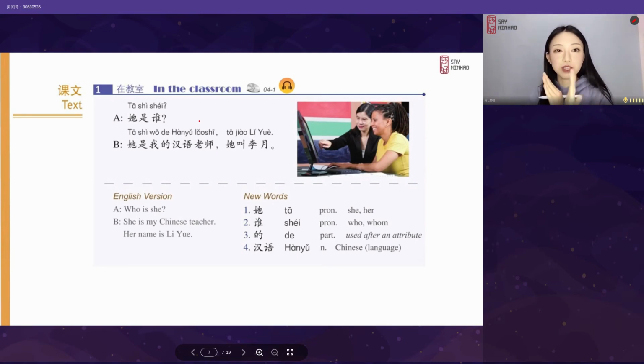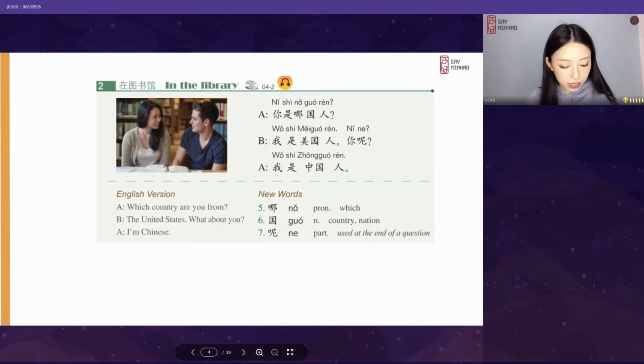Now let's switch the role. Okay, you will be A and I will be B. 3, 2, 1. 他是我的汉语老师，他叫李月。Very good. Now let's move on to text 2.